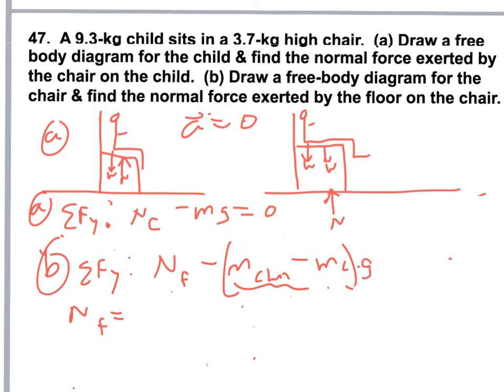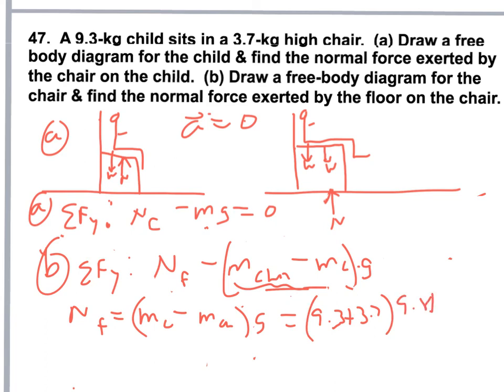Just like we had the mg up here, we have the mass of the chair and child times gravity. So we substitute, and we get 9.3 for the one child plus 3.7 for the other times 9.81 meters per second squared, and we get the normal for the floor equal to 130 newtons.